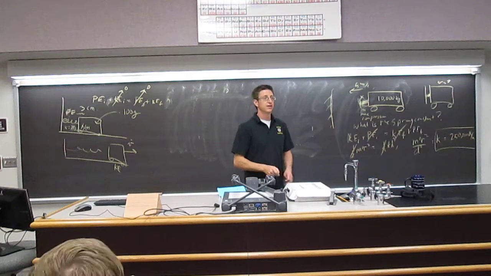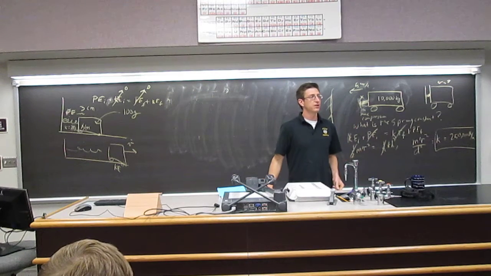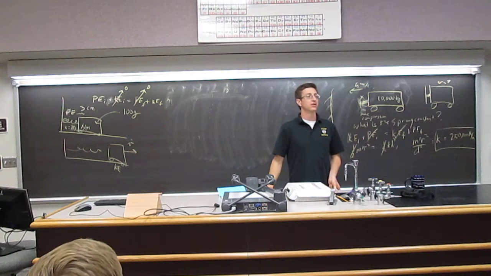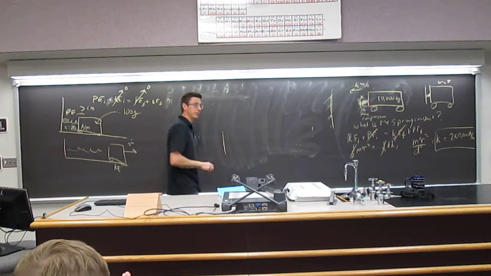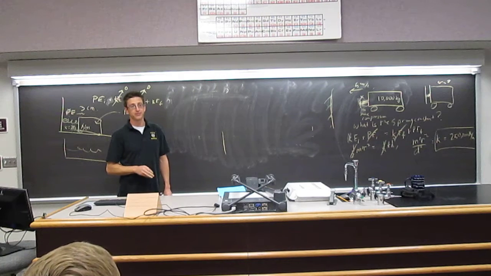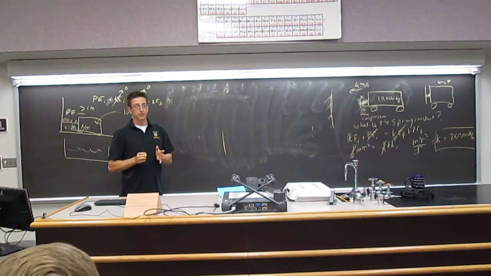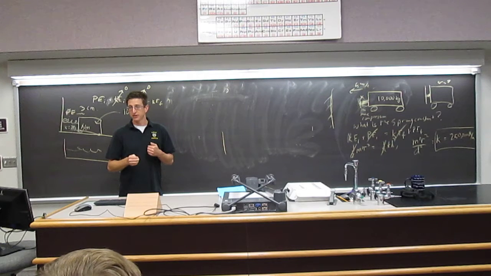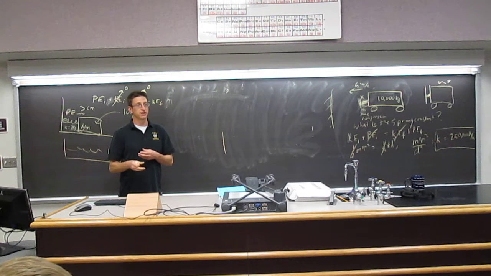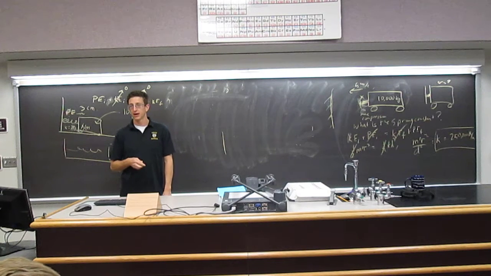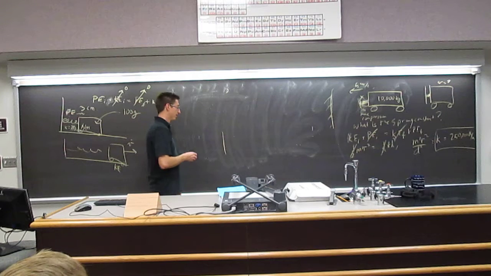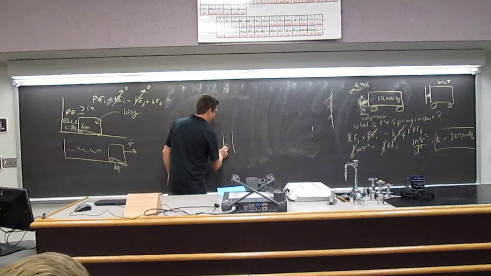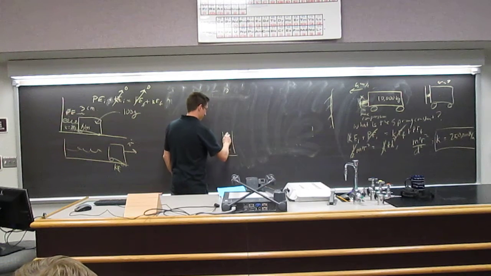Okay, now here's one where we're going to combine two types of potential energy. We've already talked about gravitational potential energy. If I have two types of potential energy, gravity and springs, I just add those two together and treat that as a total potential energy. Does that make sense? So here's a situation. I have a spring cannon.